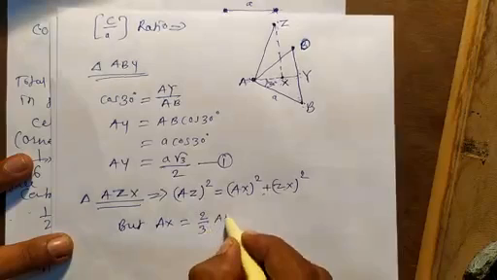These 3 atoms lie at the center of this distance c. Therefore ZX must be equal to c by 2, so ZX square is c by 2 whole square. Now AZ square: here AZ, which is at the same distance, equals the lattice parameter. Therefore we get AZ square equal to a square.